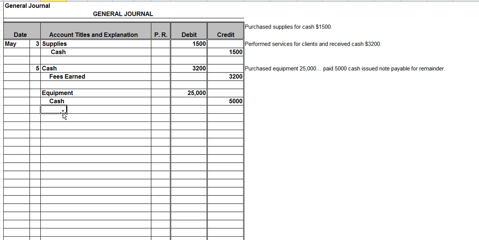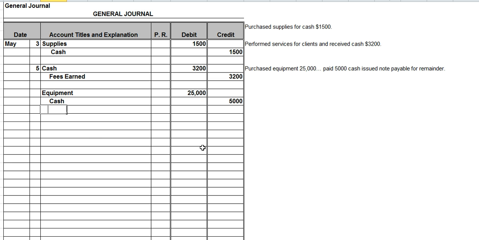Now I know I can't leave this entry like this because my debits and credits don't equal. And that's not the rest of what happened. Issued note payable for remainder. If I issued a note payable, that means I've got to pay it later, right? I purchased the rest on credit. That's a liability, isn't it? If I bought more equipment on credit, the balance of my note payable is going up. How do we increase a liability?